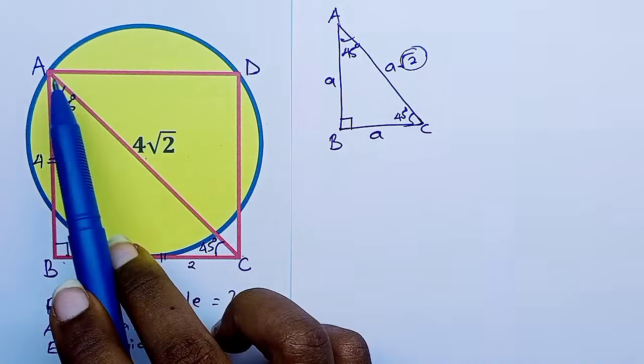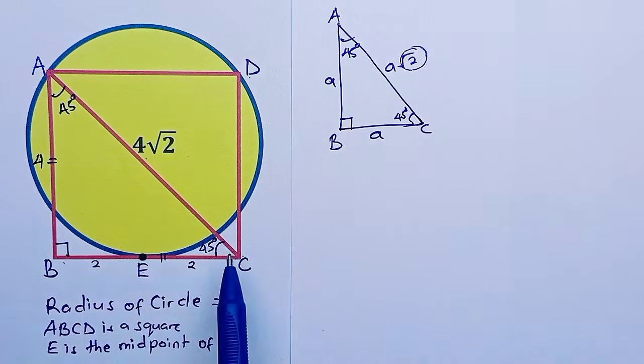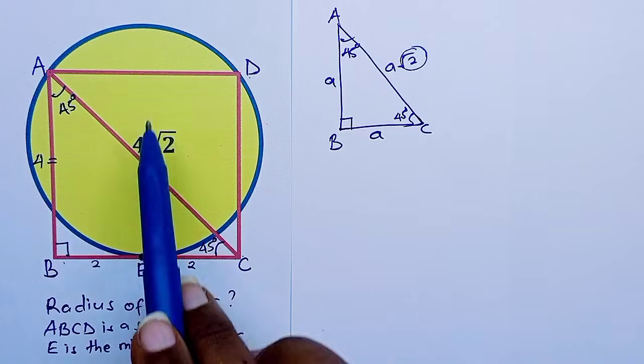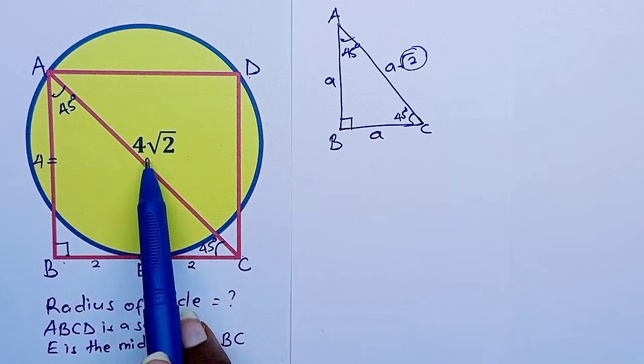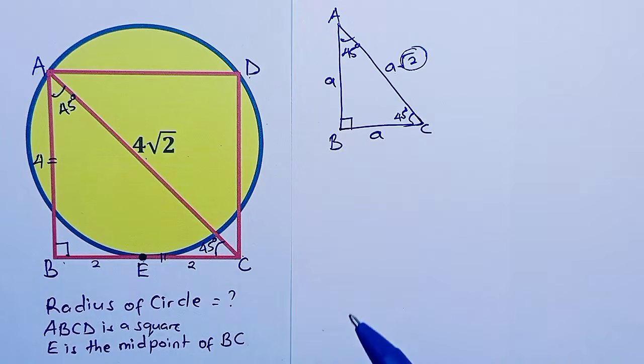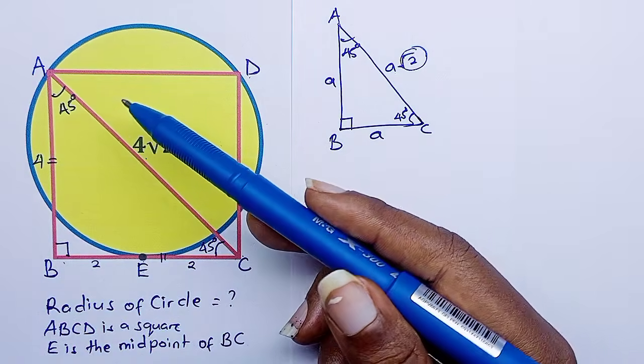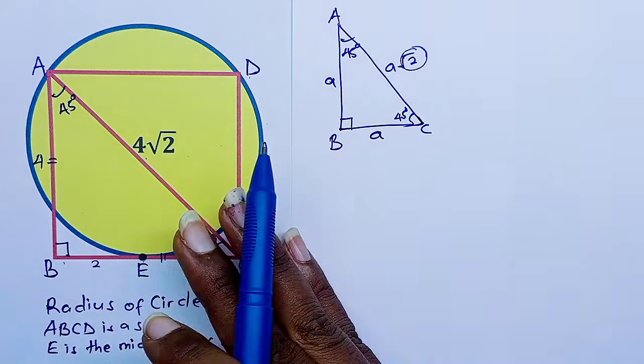Now, since this square runs from this chord AD down and touches at this point, that means that if we draw a vertical line from point E upwards, it would pass through the center of this circle. So let me draw a vertical line upwards.